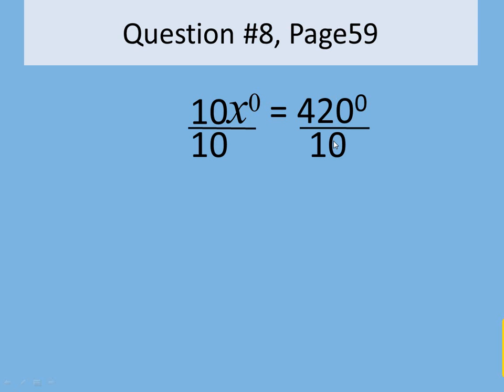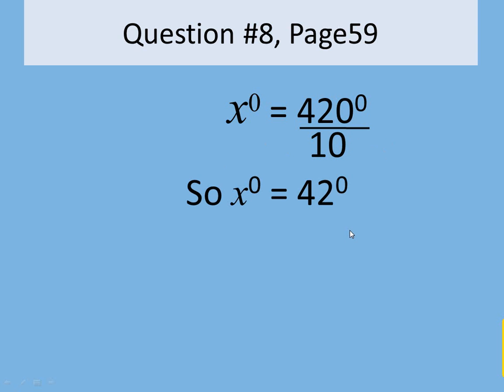So we also divide the other side by 10. 10 divided by 10 will cancel, leaving us with x degrees only, and that will be equal now to 420 degrees divided by 10. So x degrees equal to 42 degrees. That's 420 divided by 10 will return 42 degrees.